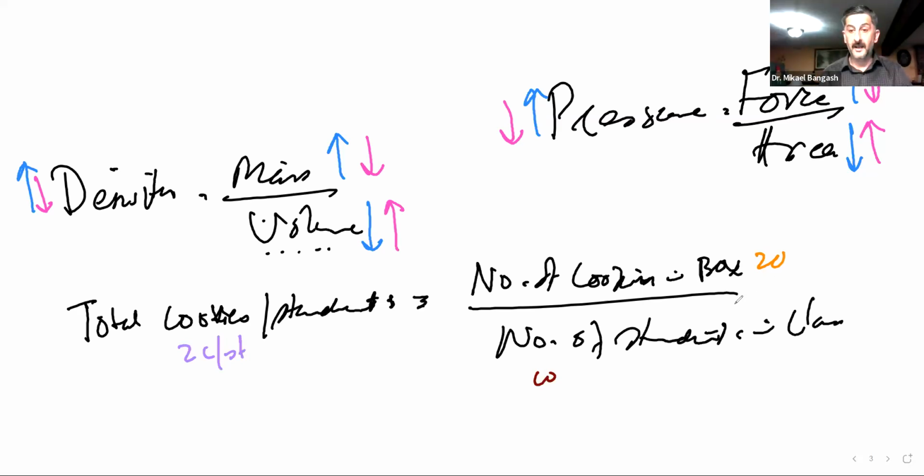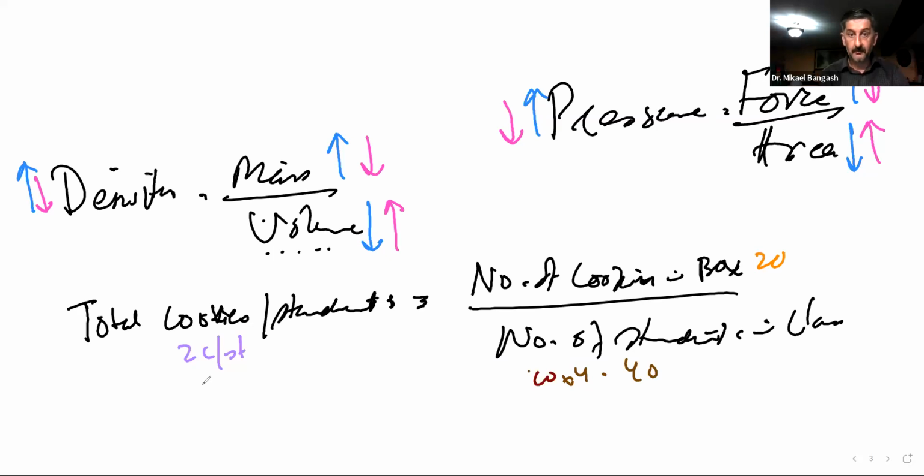Now, if we have the same number of cookies, but we increase the number of students 4 times, what are we going to have now? It's going to be a total of 40 students. And we still only have 20 cookies.